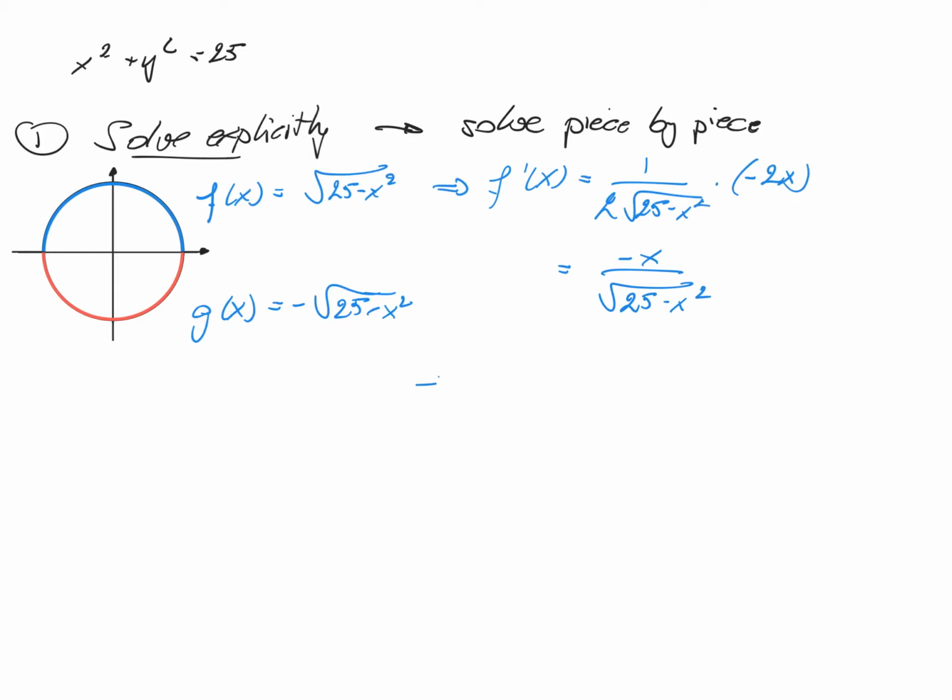The same way we can calculate the derivative of g, so g prime of x, and this will be x divided by the root of 25 minus x squared. Since we split the function into two subfunctions, our derivative will also consist of two parts: one derivative for the upper half of the circle, one derivative for the lower half of the circle.